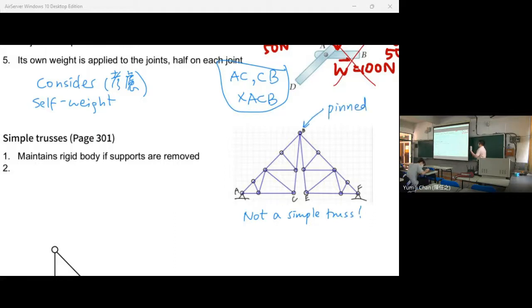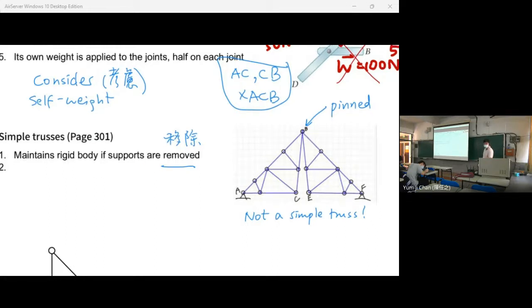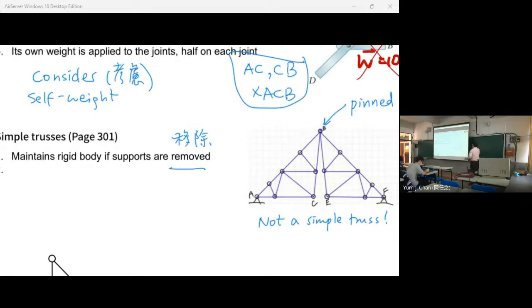All joints on the truss are pinned, so if we remove the support, then these two parts can rotate about each other.